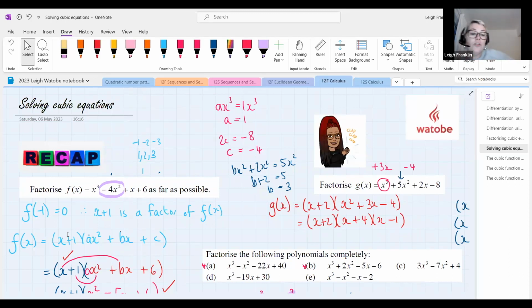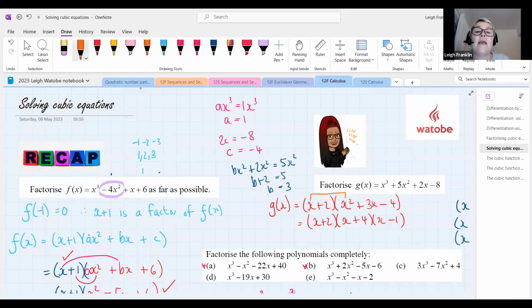Okay, so what you are doing with that is remember the first term in the first bracket and the first term in the second bracket is the only place where you can get your x cubed from. So if you have a look at this one over here that Amahle did for us, she has multiplied the first term in the first bracket with the first term in the second bracket.